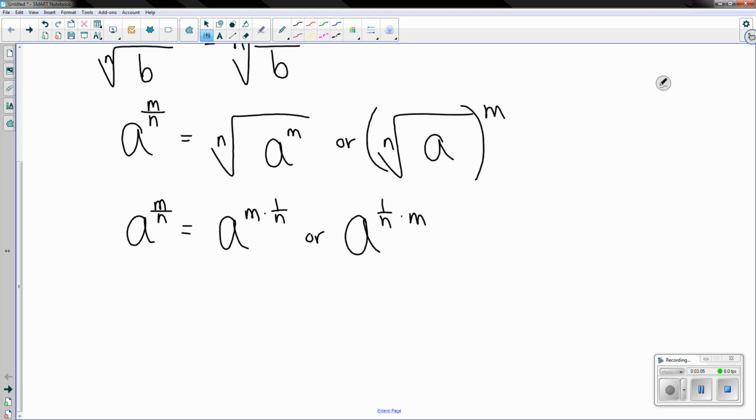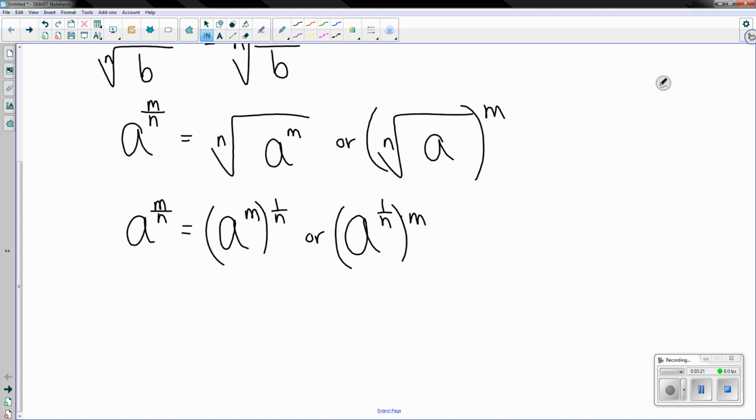Because the order of the multiplication of real numbers does not matter, I could first raise A to the power of m, then take the nth root of that, or take the nth root and then raise it to the power of m. That's why either of those are sufficient.